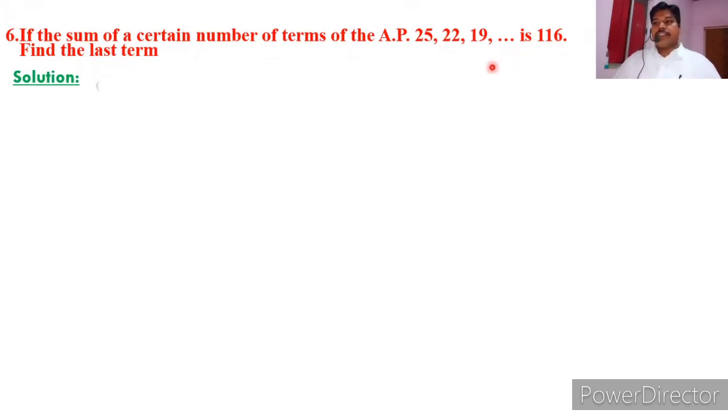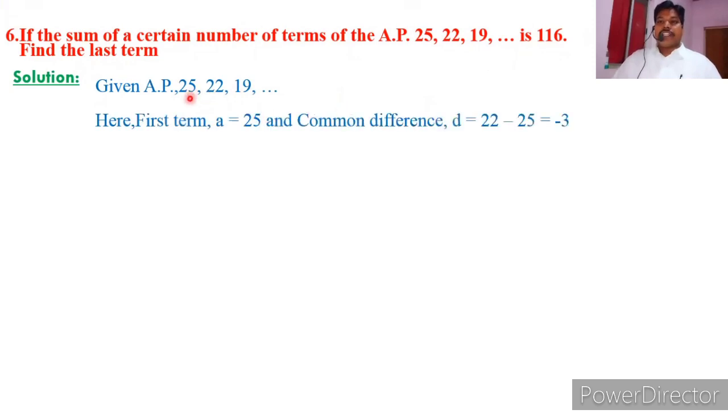So see students, the given series is 25, 22, 19 and so on. That means it is decreasing. Did you observe that? The first term is 25 and the common difference is a2 minus a1, so 22 minus 25, that value is minus 3.